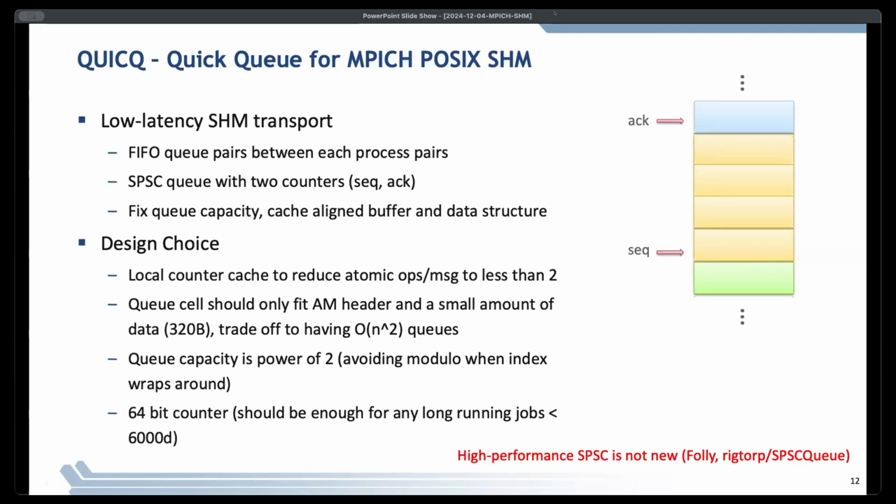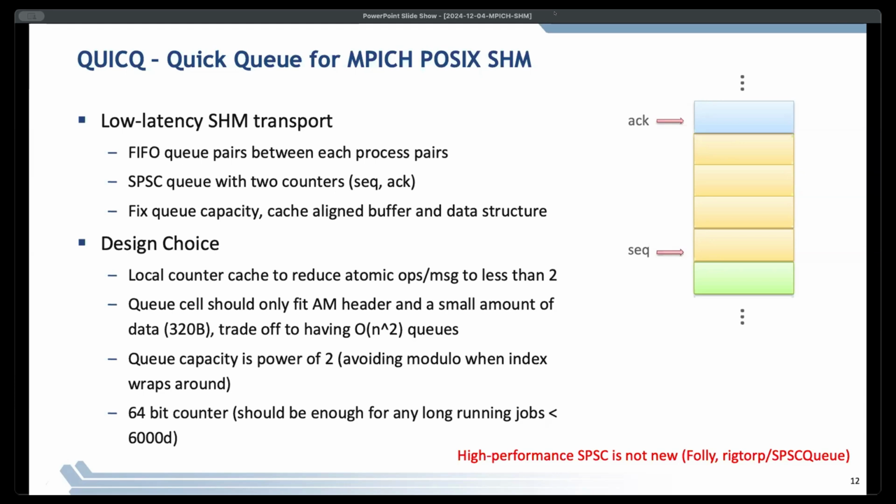And a similar case on the receiver side is that the receiver would need to read SEQ to see how many incoming messages there are that it needs to process. And for each of them being processed, it will update the ACK counter. So as you can see, one of these counters is always going to be read every time, but the other may or may not be.